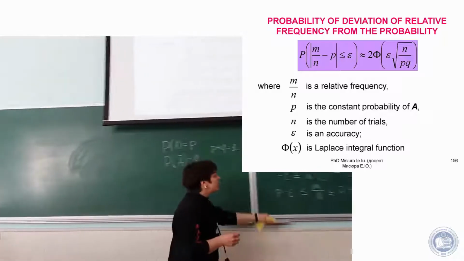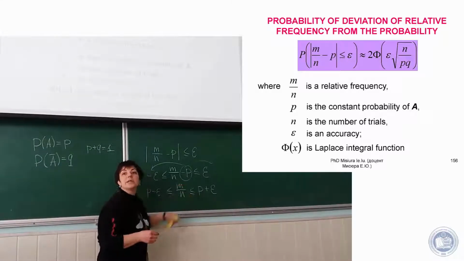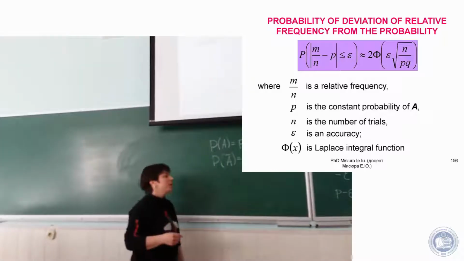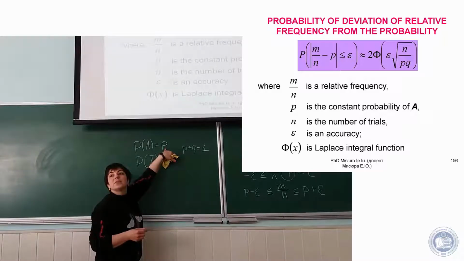Students, how to explain n? It's the total number of outcomes. What is m? It's the number of outcomes favorable for the event. What is p? It's constant probability. Это постоянная вероятность.